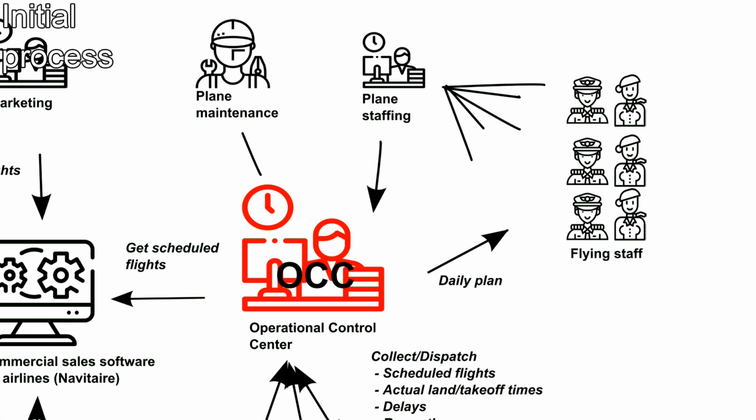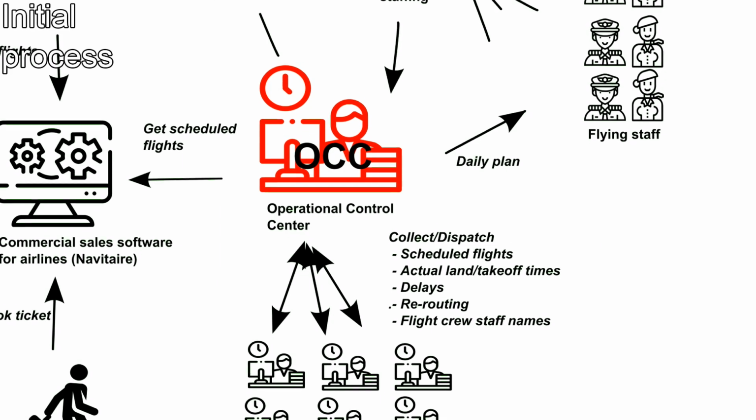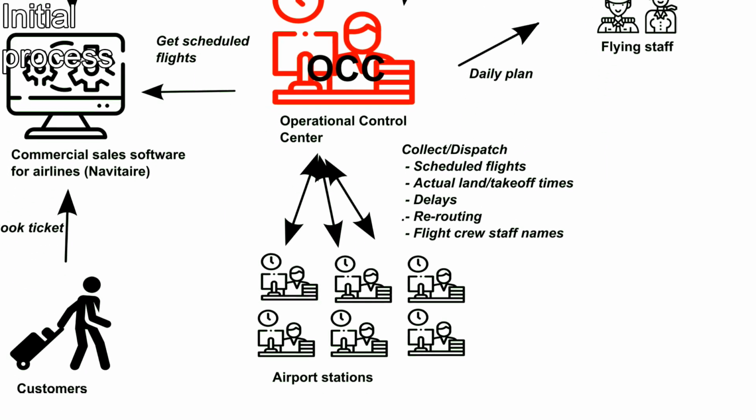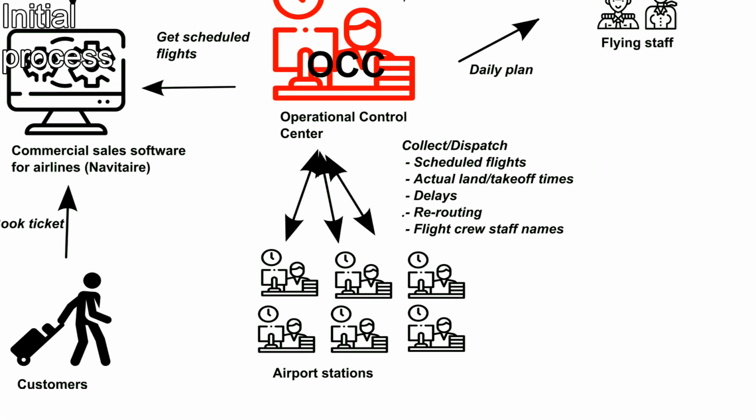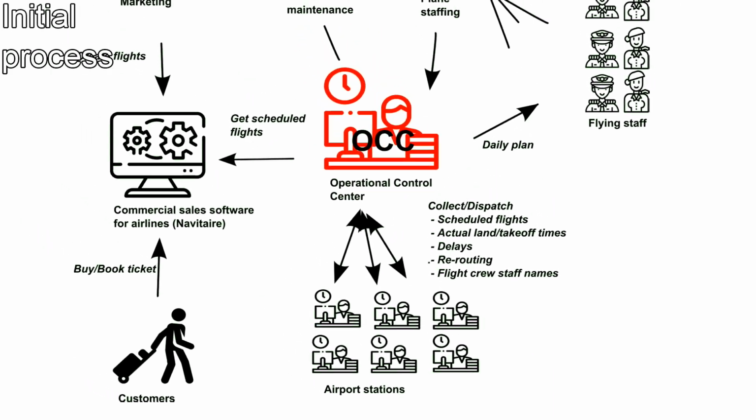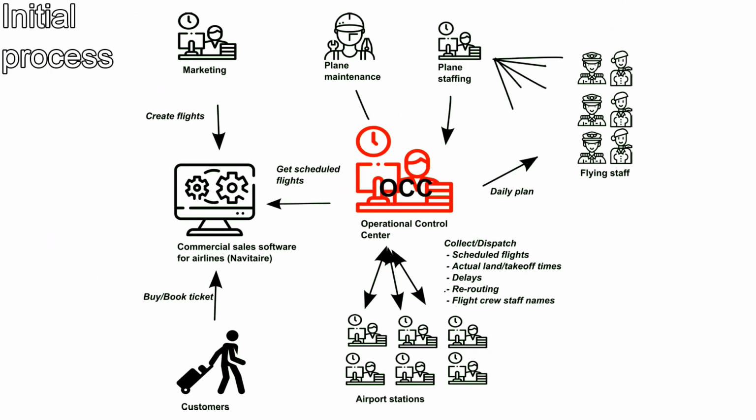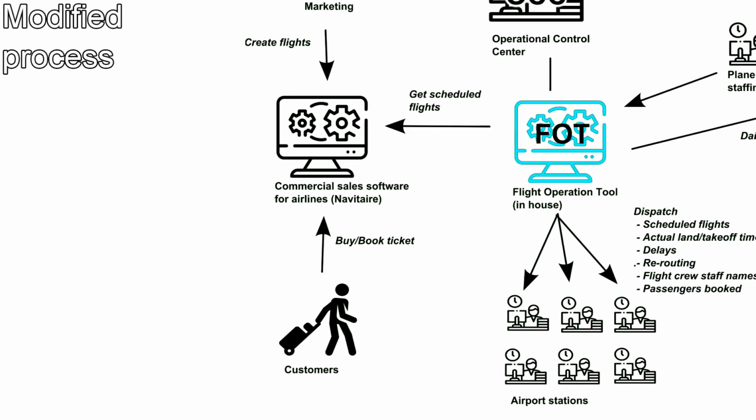On top of gathering and dispatching schedule information, the OCC has to dispatch quickly disrupting events such as flight delays, cancellation, and airplane maintenance. My job was to alleviate OCC's tasks. After implementing the software called Flight Operations Tool, or FOT, the modified process was as follows.